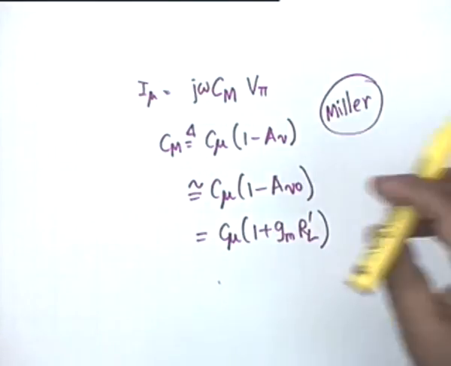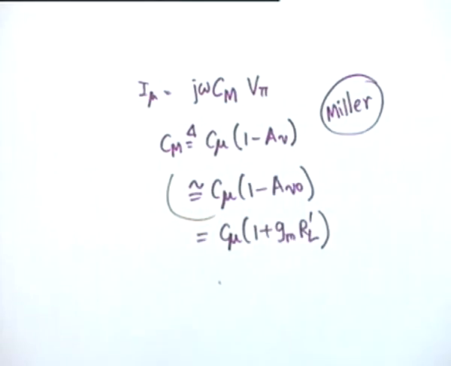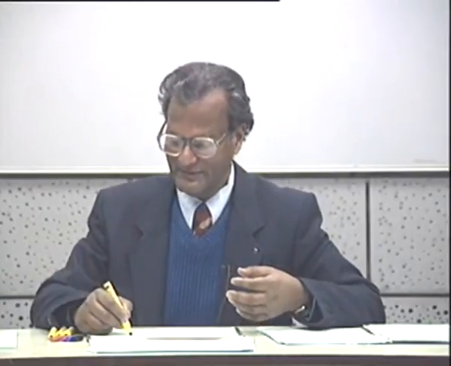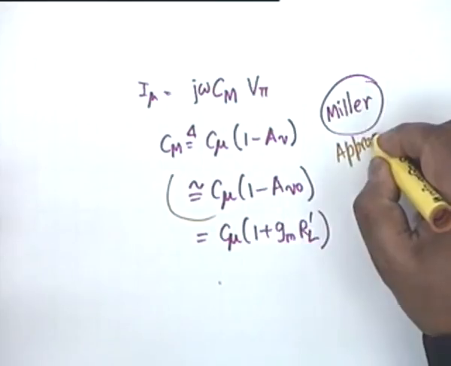This brought revolution in the design and analysis of transistor circuits. It's a revolutionary concept, a very gross approximation, because a frequency dependent function is being approximated by a frequency independent function. Obviously, this is an approximation, and therefore this is called the Miller approximation.